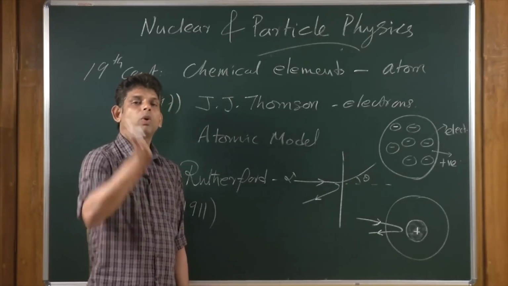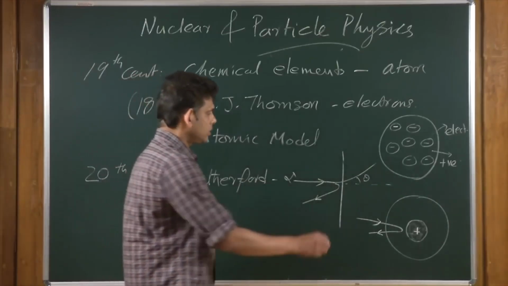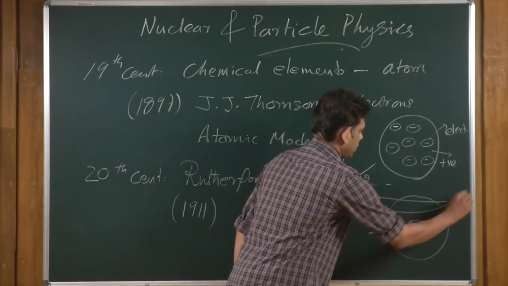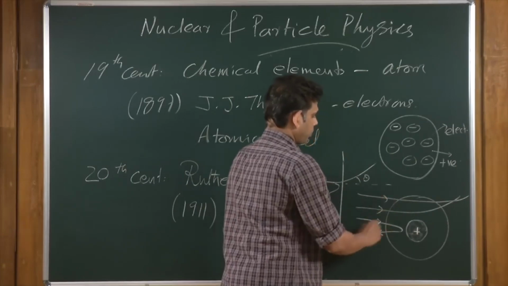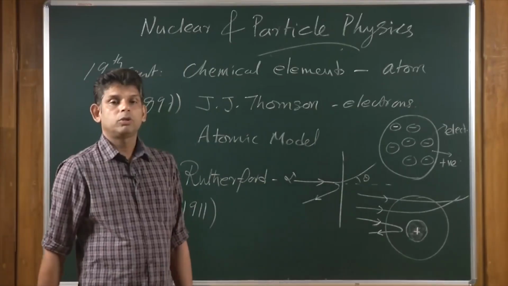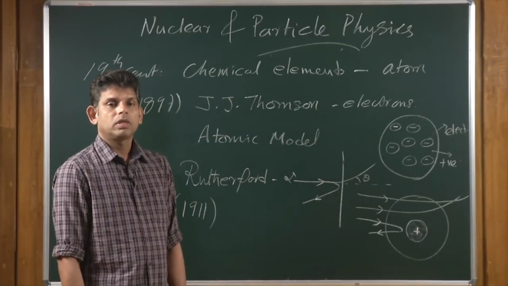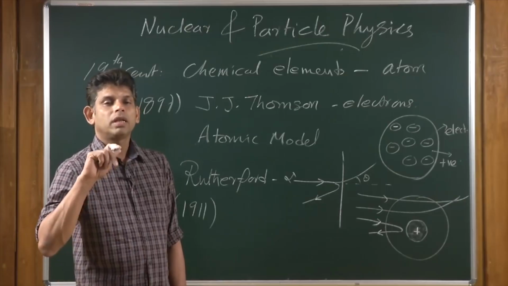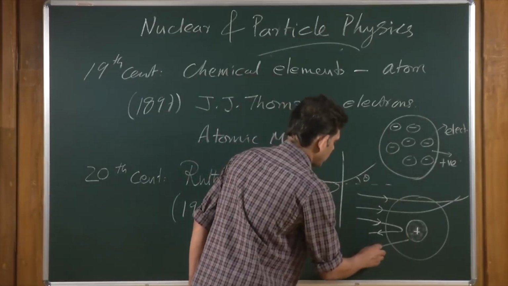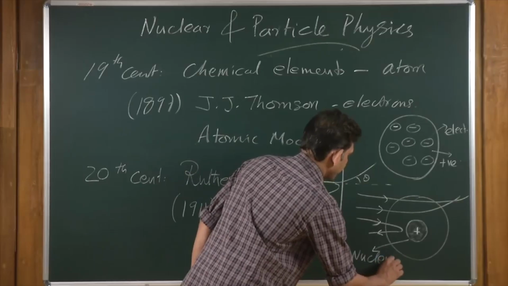They will not be scattered at small angles. Other particles can go with some angle and then a further smaller angle, but when one goes directly towards the positively charged core, it will have a large angle and return. So, this core is basically called the nucleus.